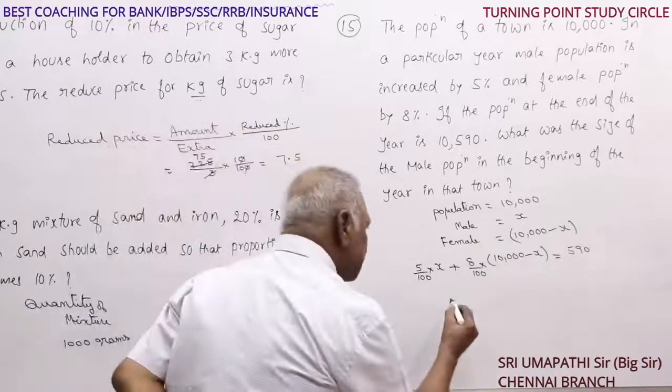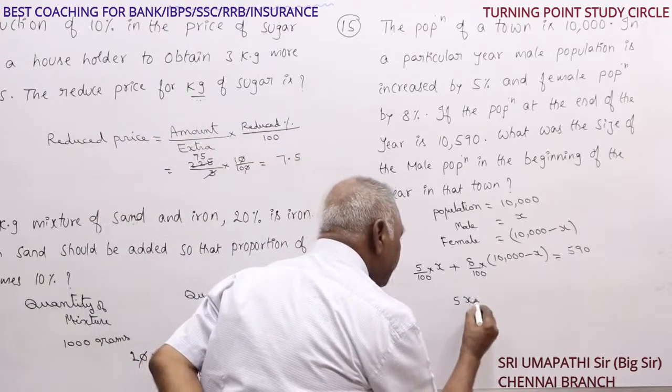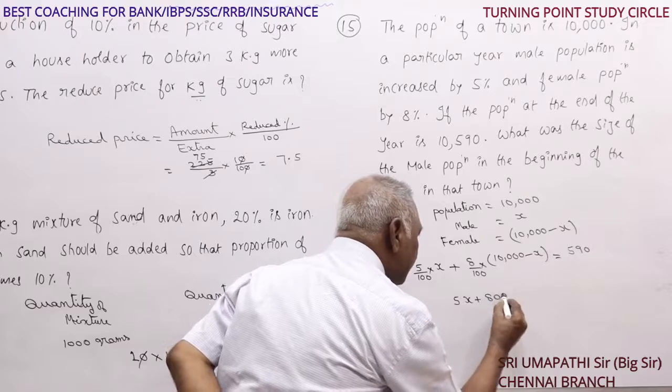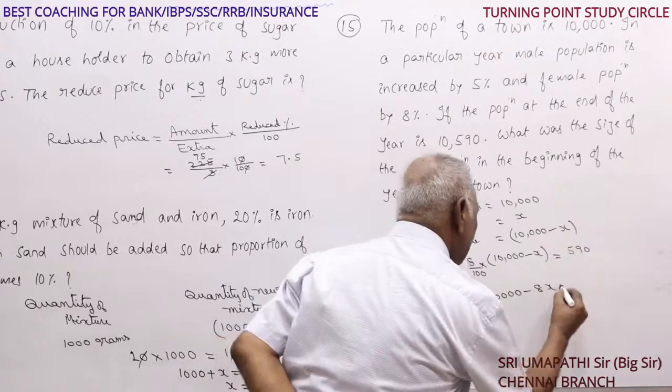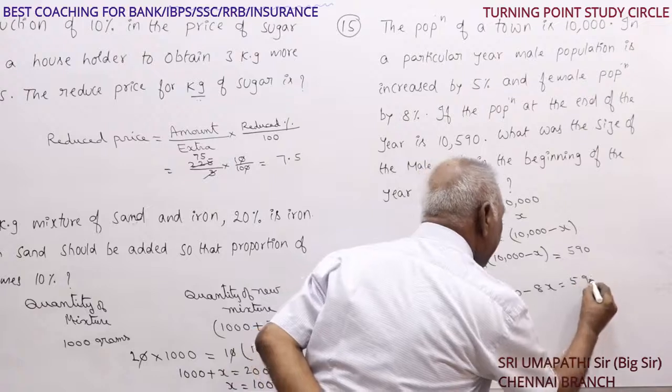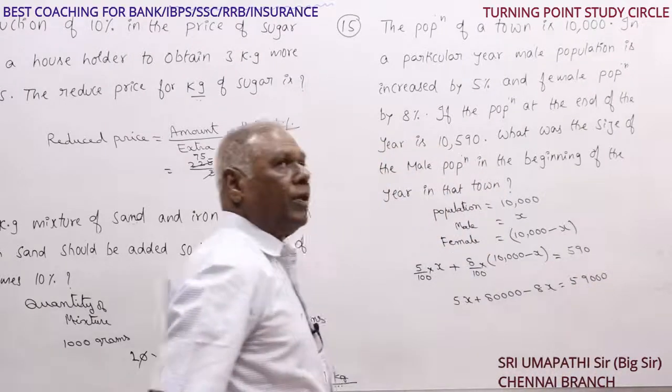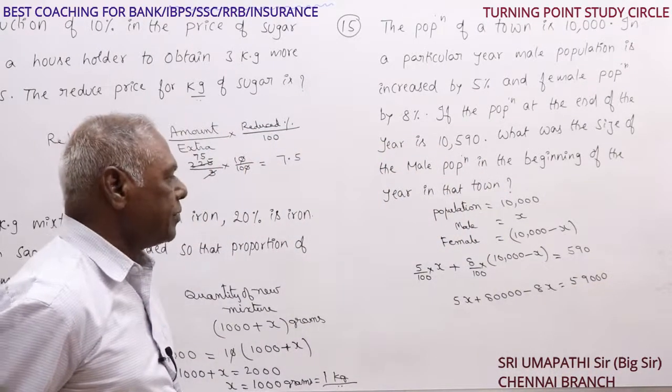So it is equal to 5x plus 80,000 minus 8x is equal to, 100 is the LCM, so it is 59,000.